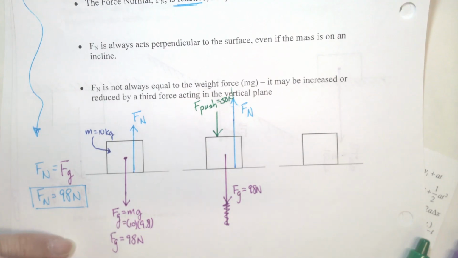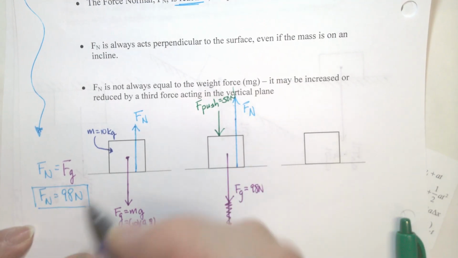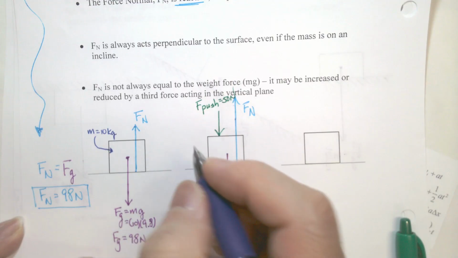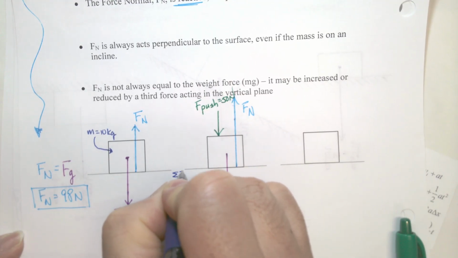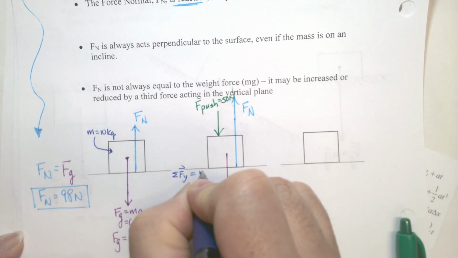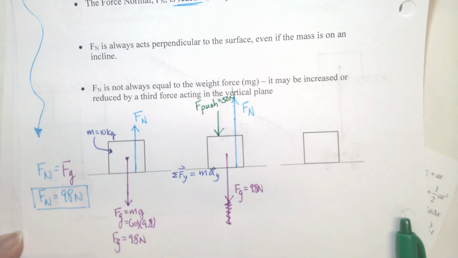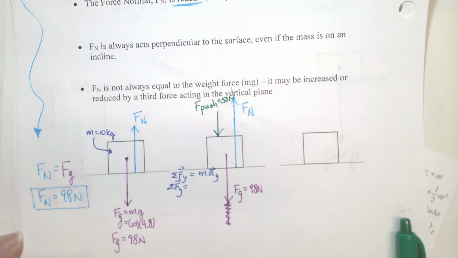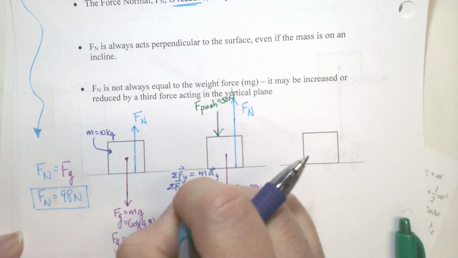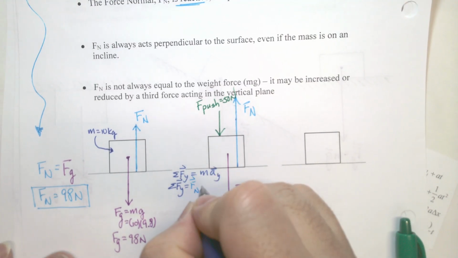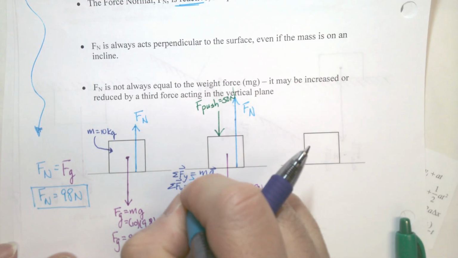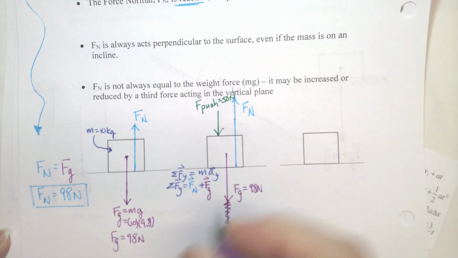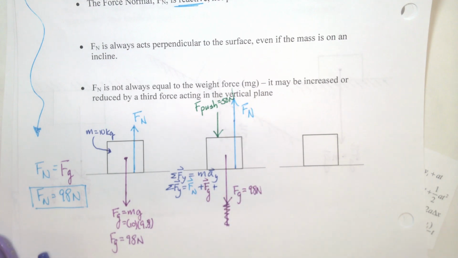Again, I'm going to start by saying the sum of all forces in y is equal to m a_y. And the sum of all forces in y is, it looks like, F normal plus Fg plus F push.